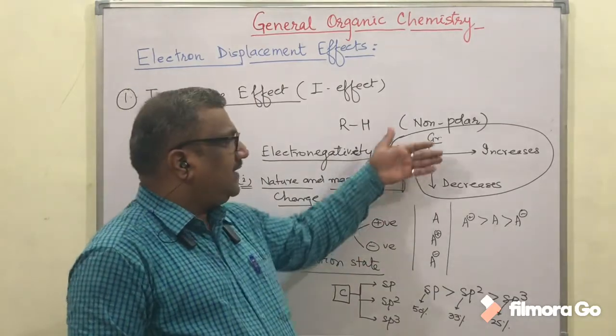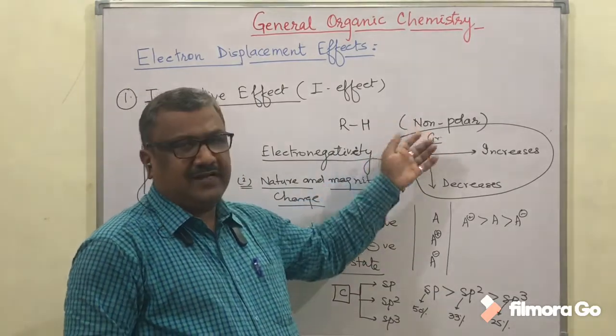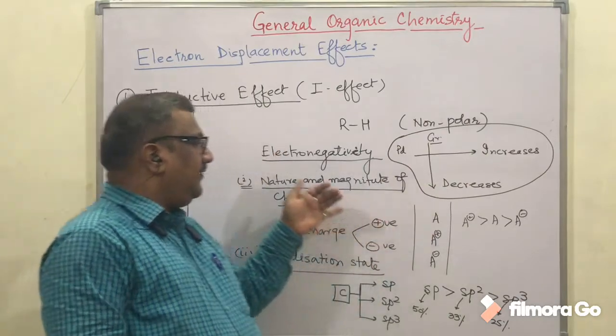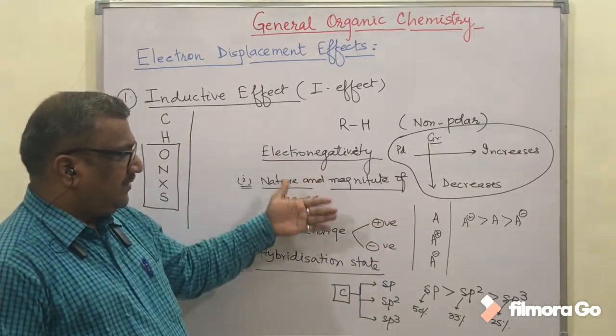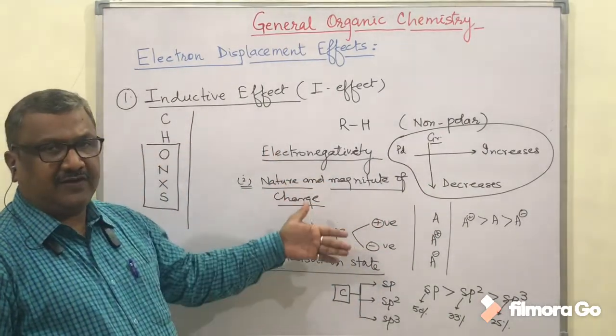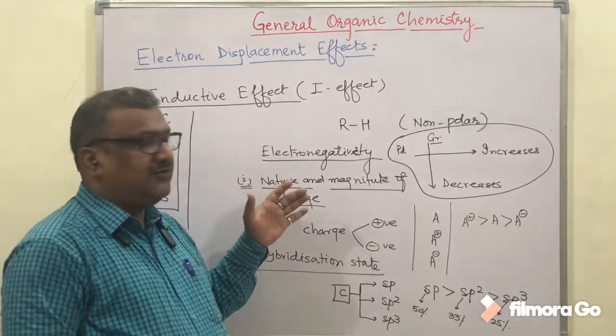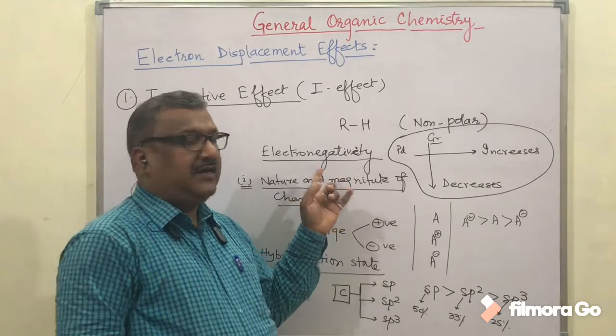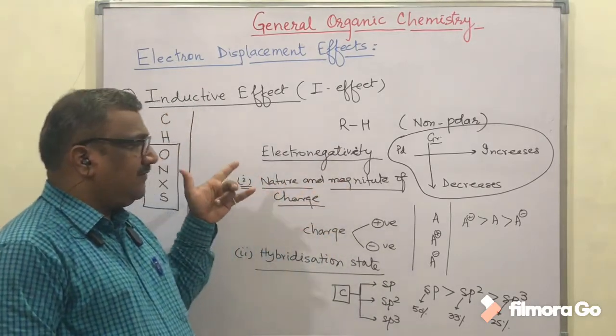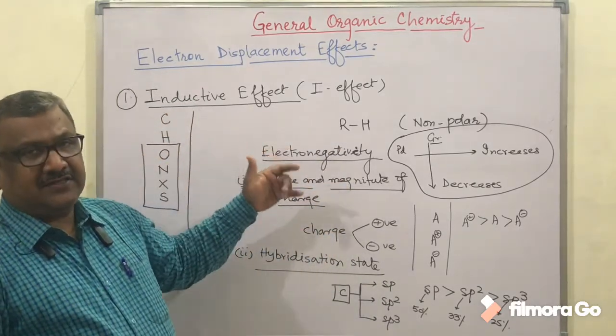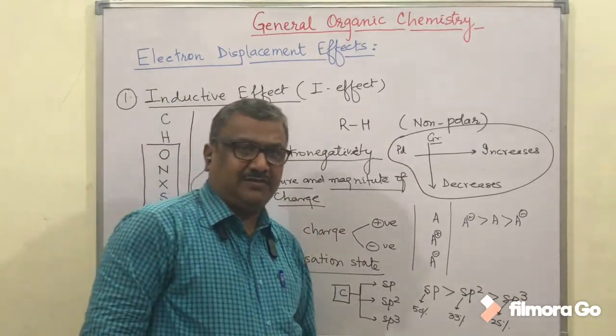We can compare the electronegativity of different atoms with the help of this periodic trend, and for a particular atom the electronegativity will be different depending upon these two factors. I hope it is clear to all of you, and it is very important, and we have a lot of application of this concept in many questions. Okay.